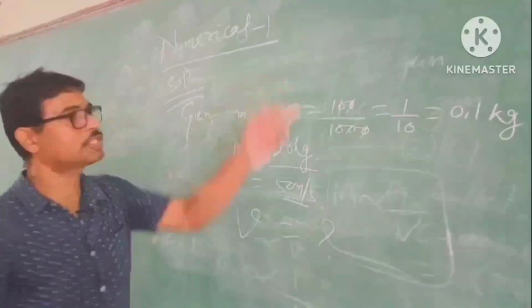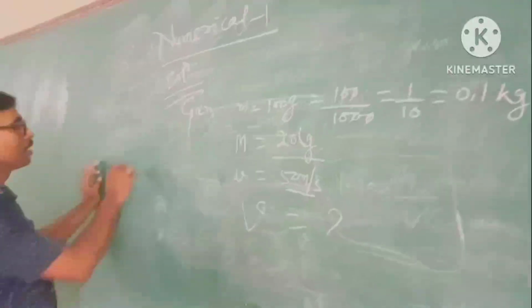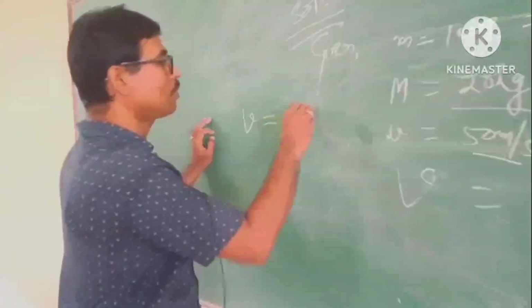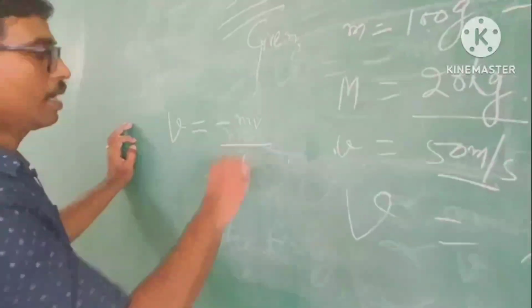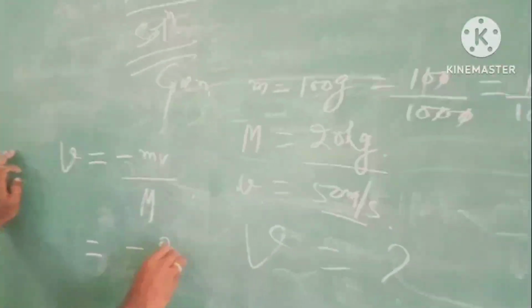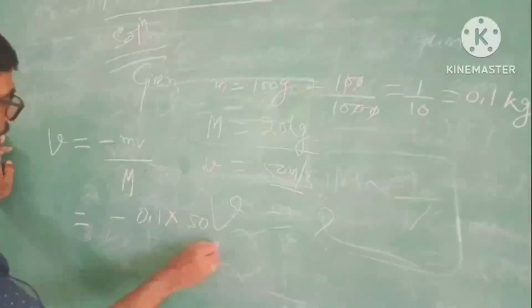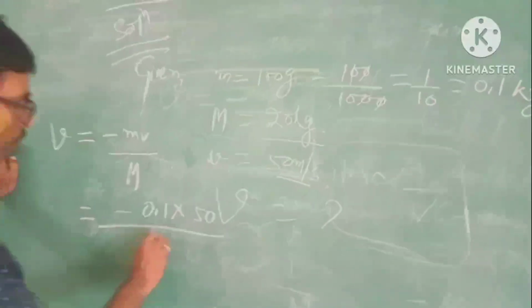Now all the quantities are in the same units. You have to calculate the recoil velocity. Recoil velocity V is equal to minus mv by M, minus 0.1 times 50, divided by capital M, 20.